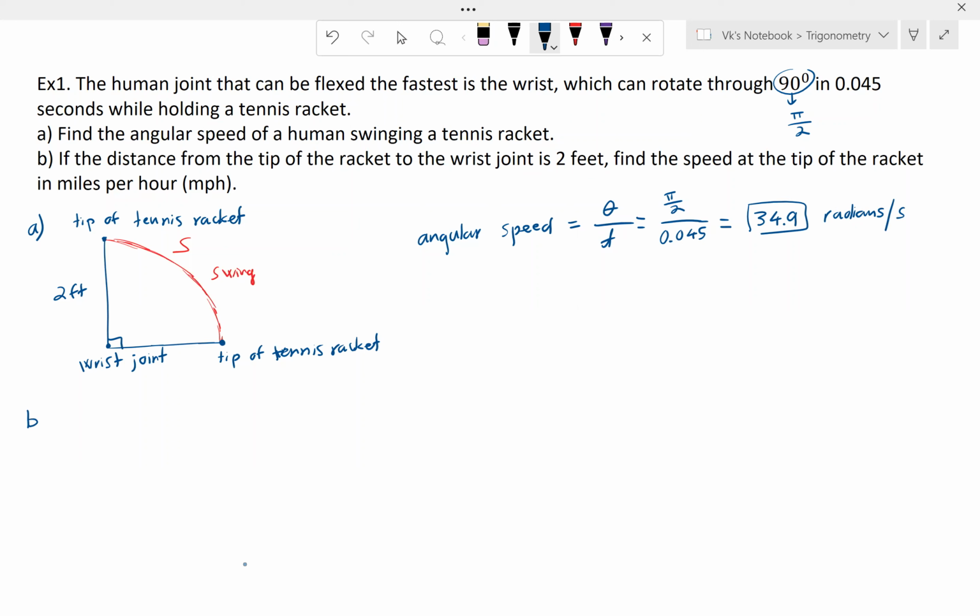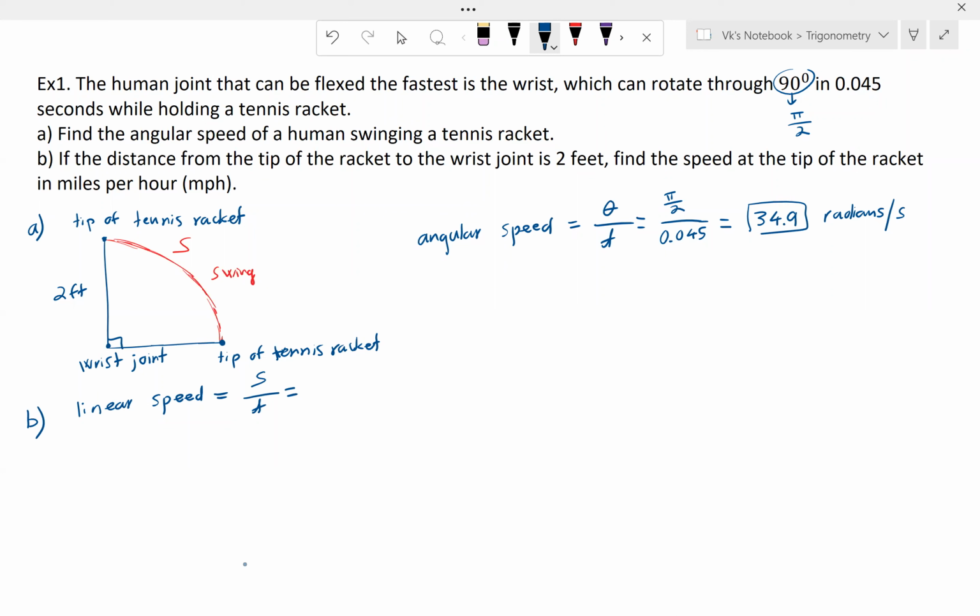Here comes a more interesting question. Now we know the distance from the tip of the racket to the wrist joint is 2 feet. What is the speed at the tip of the racket? The speed here is the linear speed. That would be distance over time. However, the distance is the arc length, so S over t.